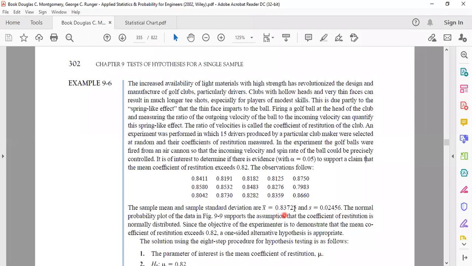If I consider x1, x2, x3, x4, x5 in this manner, they have taken the difference of the first value and the mean, squared it, the second value and the mean, squared it, and so on. The squared differences of the 15 items from their mean have been considered. Their summation has been taken and divided by 15 minus 1, that is 14. And that's how they got small s.